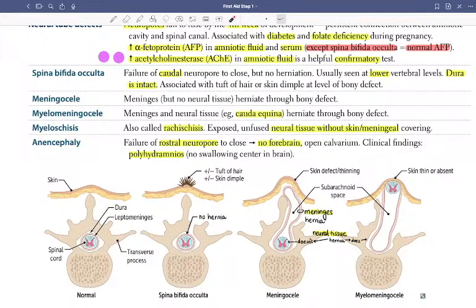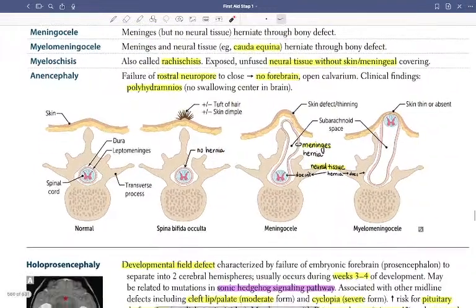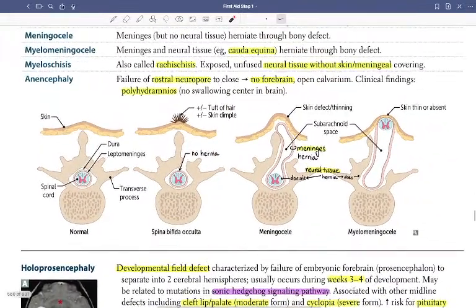Now when the dura mater herniates, the meninges start coming out. In occulta the dura mater was intact, there was no herniation, but in meningocele the meninges sac has come out. Spina bifida occulta means hidden; till now it is not herniated. In meningocele it has come out.